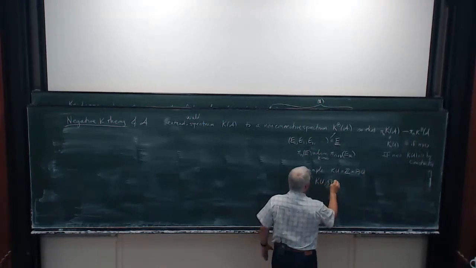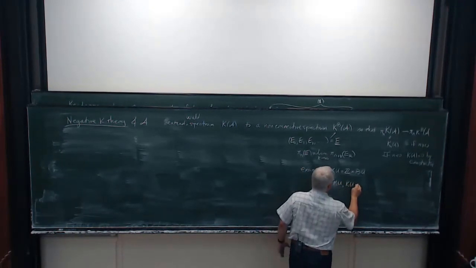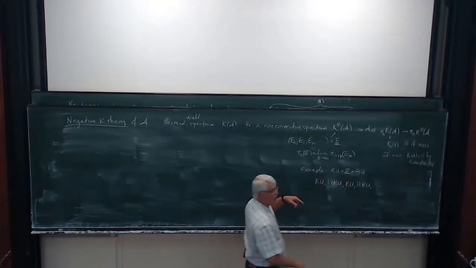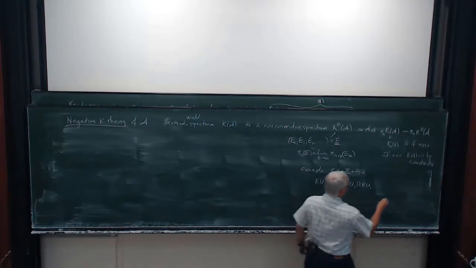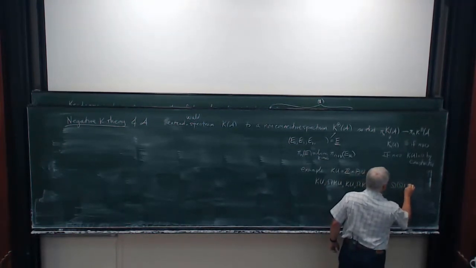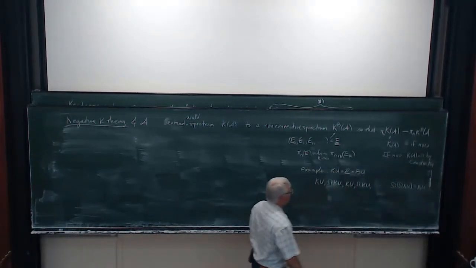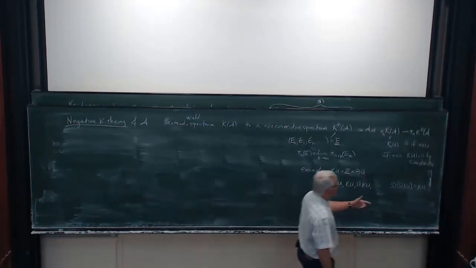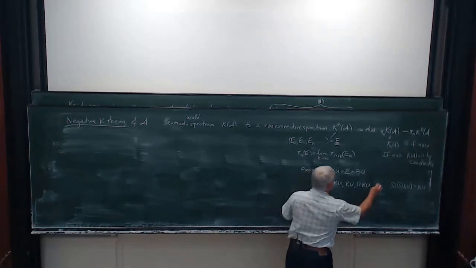So KU, loops on KU, KU, loops on KU, etc. So it's alternating between the K-theory of U and the loops on the K-theory of U. And the point is that the loops on K-theory of U is the same thing as the K-theory of U. I'm saying K-theory of U, but it's the K-theory of unitary bundles. So this is a spectrum.